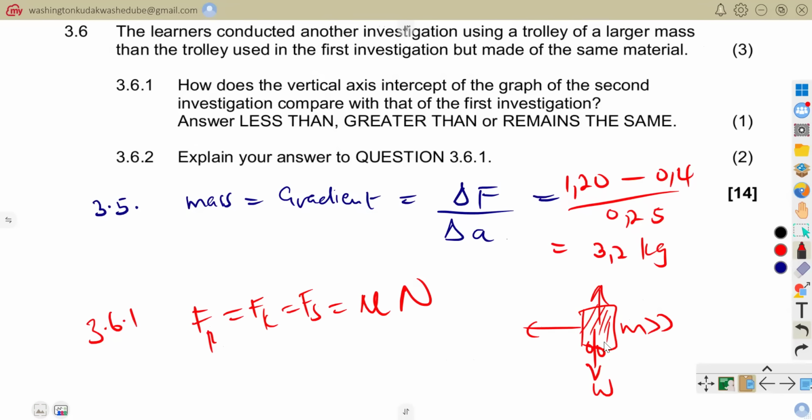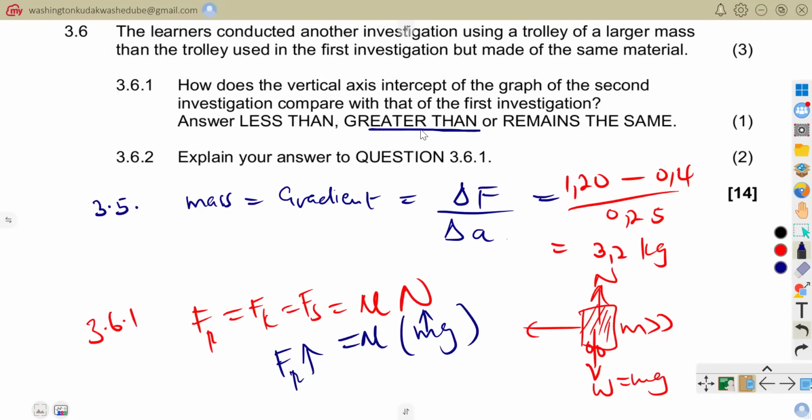How do I find my normal force? My normal force is balanced by weight, so I would represent my normal with mg. If m increases, my frictional force would also increase. So this one would be a greater value, because my mass has increased.